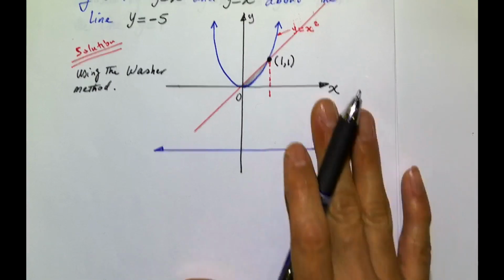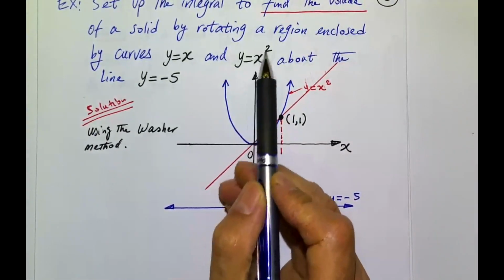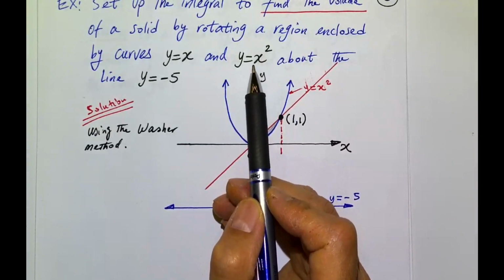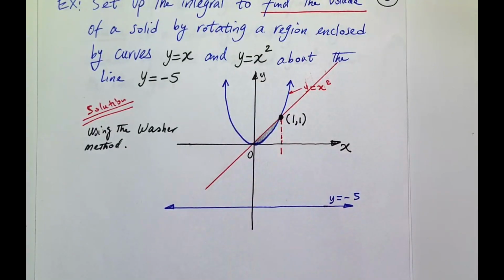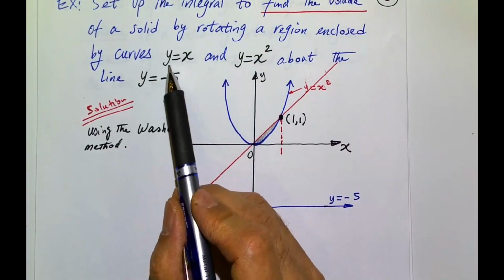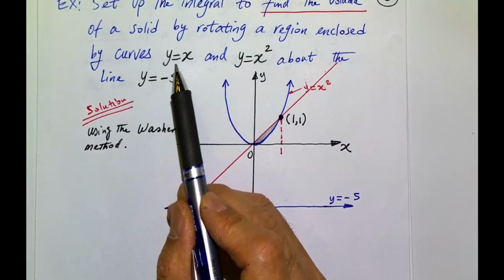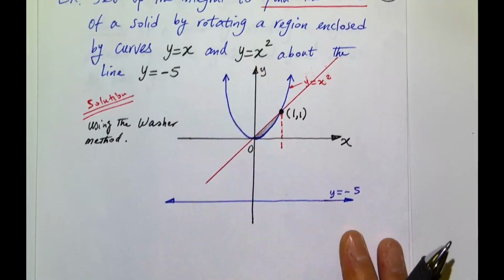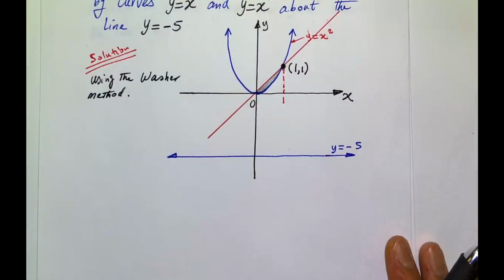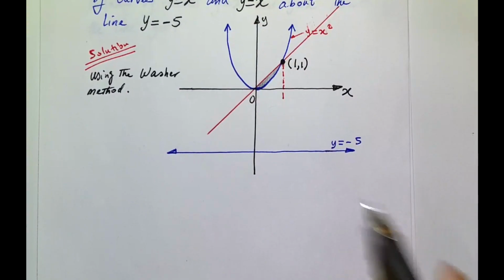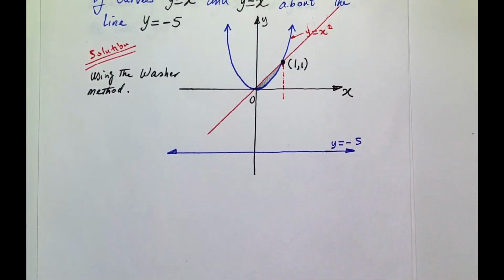So we don't have to change these functions and write them as x in terms of y. We can use them as they are, y written in terms of x. So that would make our work a little bit lighter.